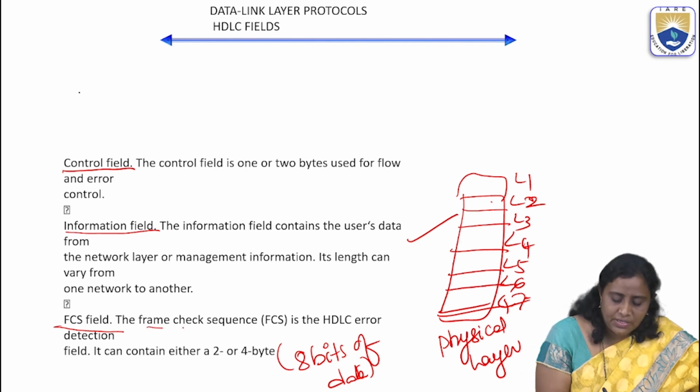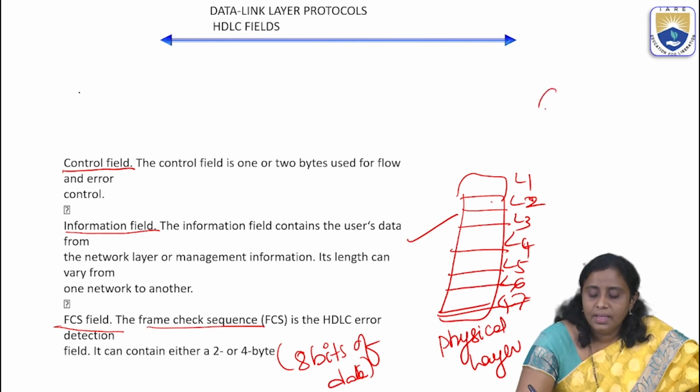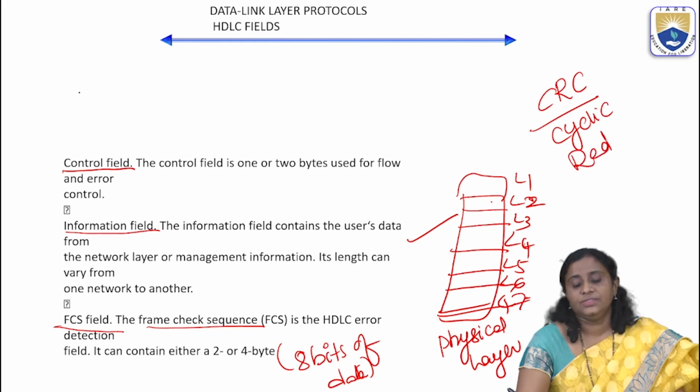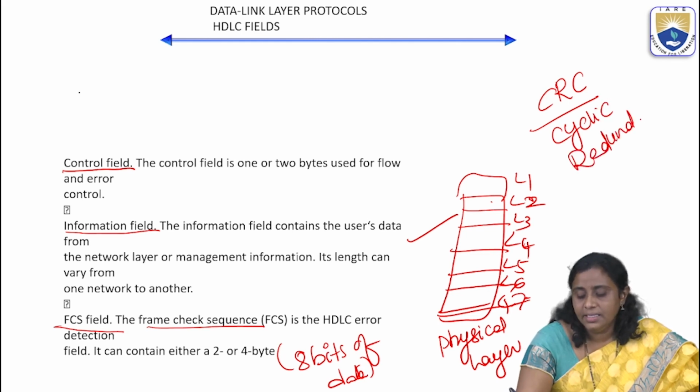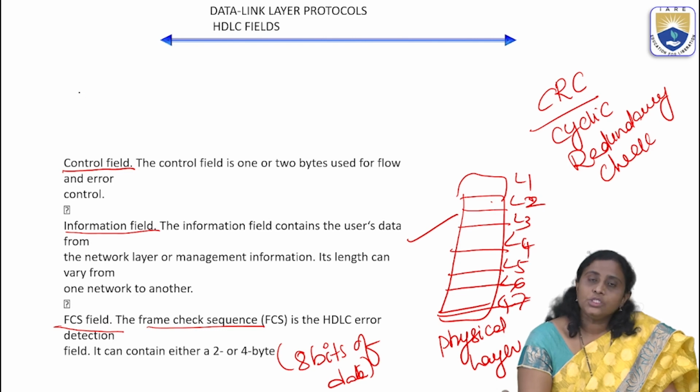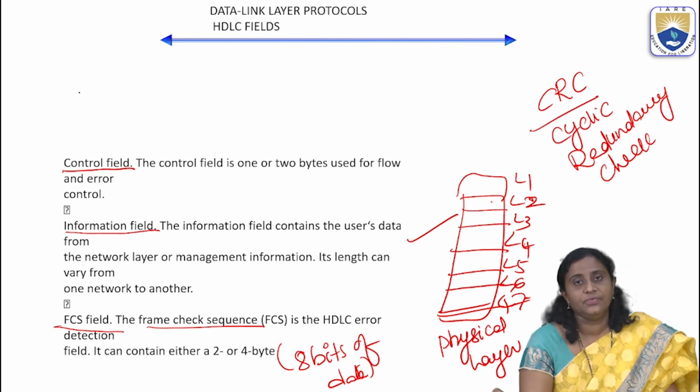The frame check sequence, as I have already explained in my previous class, is the CRC, cyclic redundancy check. That means it is useful to checksum the bits while transmitting from one sender to another receiver.